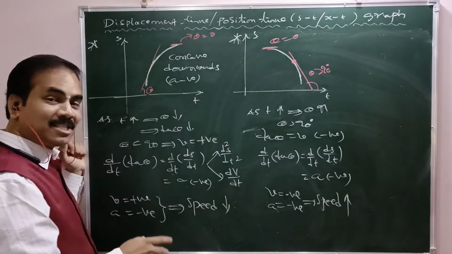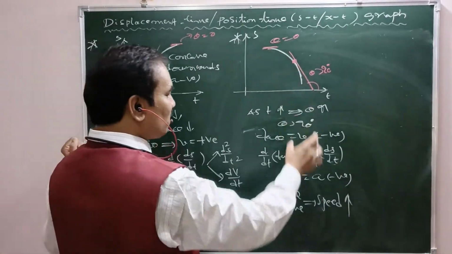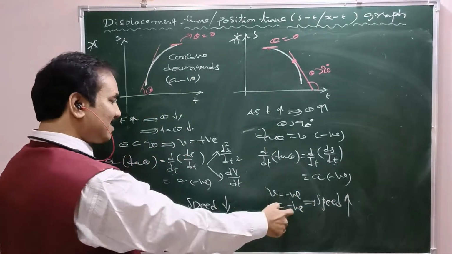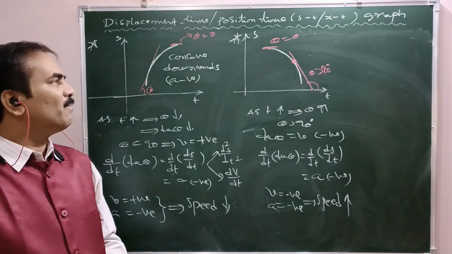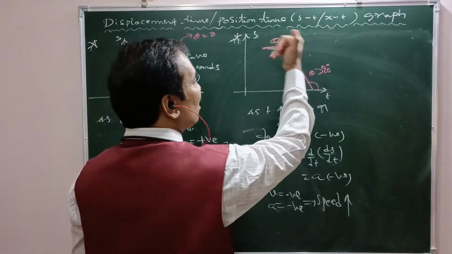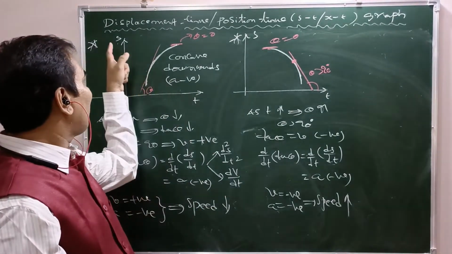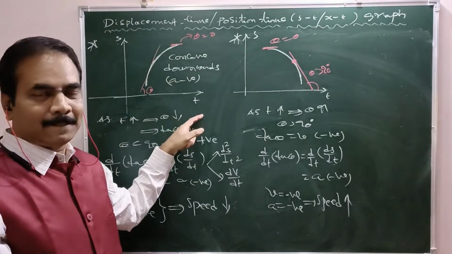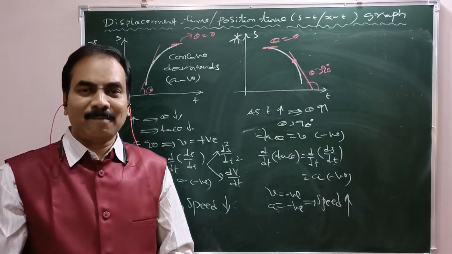But as far as velocity is concerned, for the previous portion velocity is positive, and for the rest of the portion velocity is negative. But in both cases acceleration is negative. So in case of concave downwards variation of s versus t or x versus t, what does it represent?